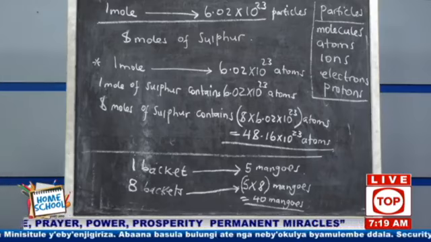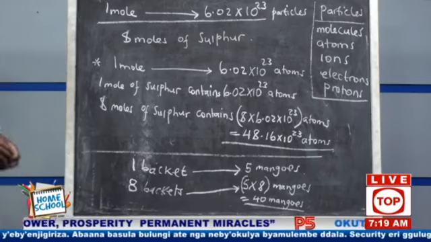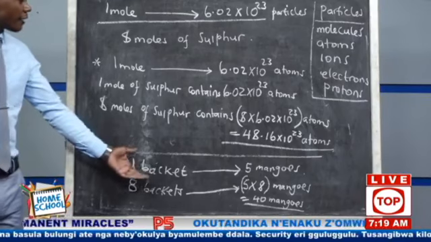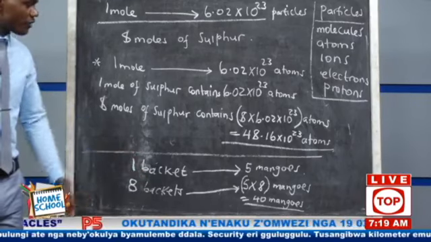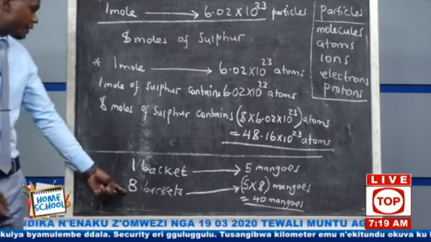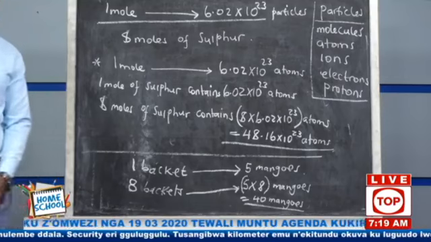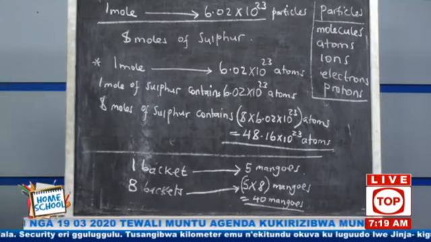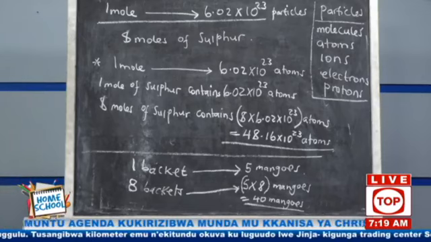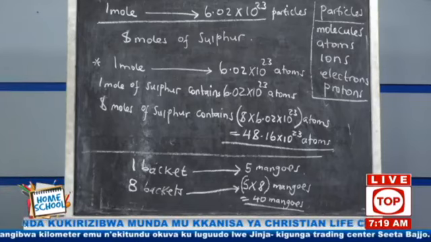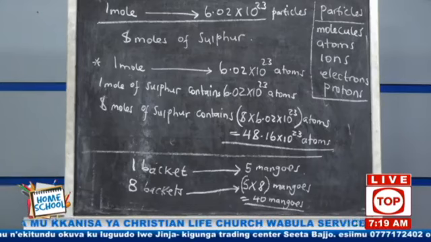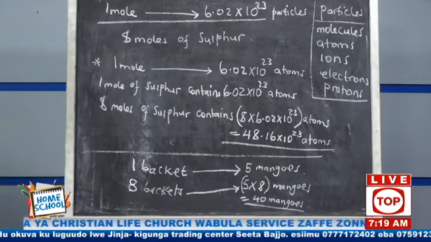So they decided to group them. And that's what we also do in the market. You don't sell one by one. You sell a bucket or a sack. But you know what is contained in a sack. So if someone is asking for 8 sacks, he knows what is going to be there. You can't request for what you can't finish.